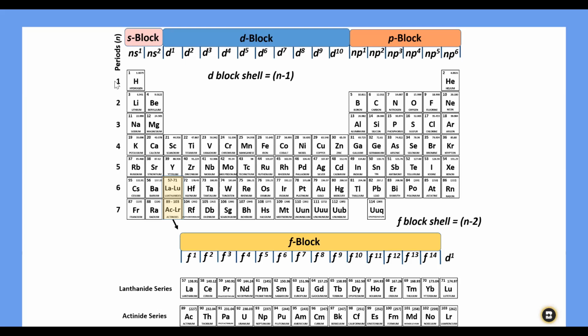So we will say 1s1. Hydrogen has only one electron. Then you are done. So write down 1s1, please. Hydrogen is 1s1.